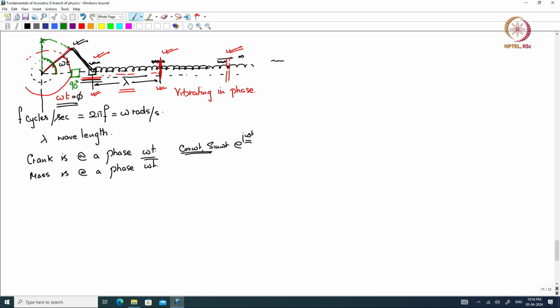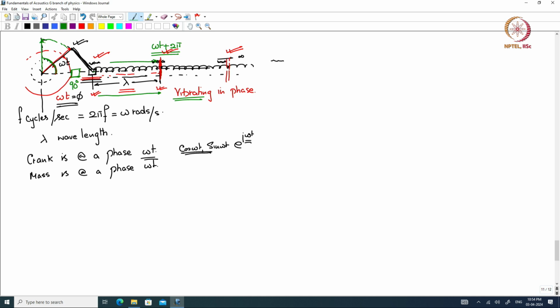So, now what happens is, because there is another location on the spring to the right which is doing the same motion vibrating in phase, this point has the same phase, or we will say it has omega t plus twice pi phase. Okay. Because the crank went through one round during which the information got transferred here.